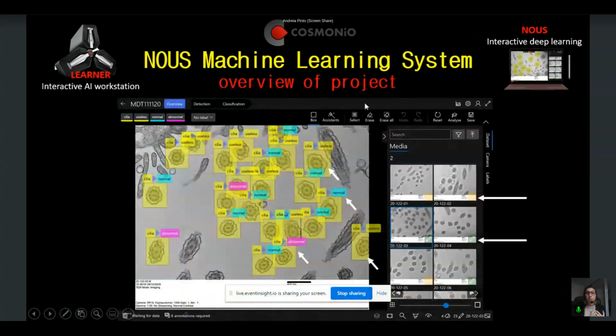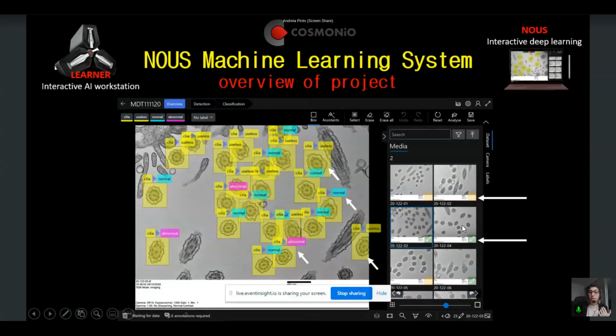So just to give you a bit more of an idea of how the platform works and how it looks, this is an overview of an image of a patient in one of our projects. We have in yellow all the cilia detected, with the yellow sticker, and then the blue and the pink stickers are the classification into normal and abnormal. And then we have the yellow stickers, which for us are a bit less interesting for posterior analysis, which are the useless.